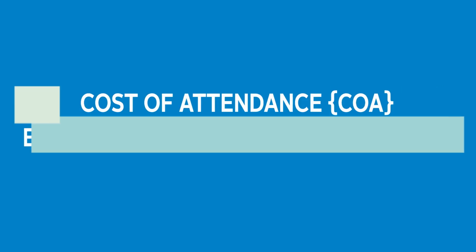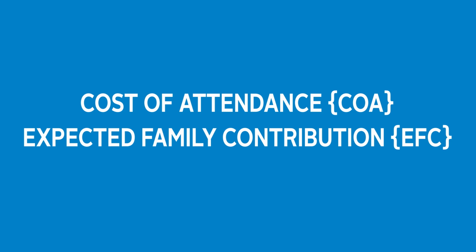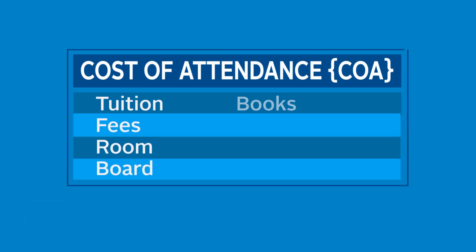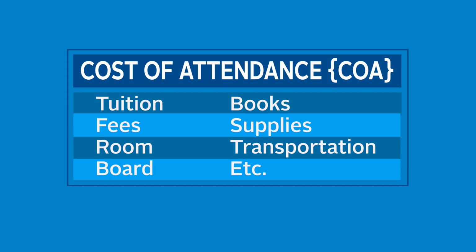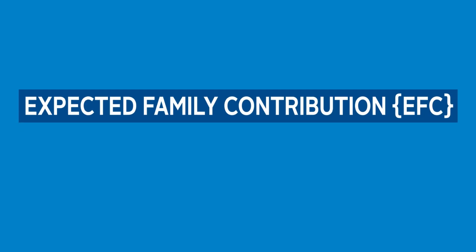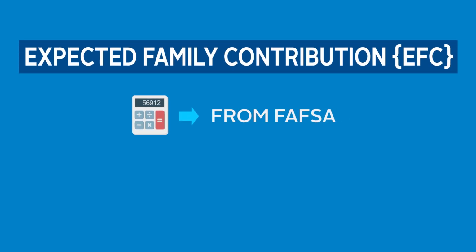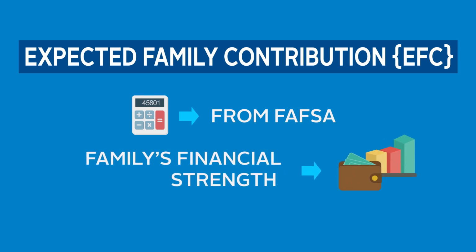Let's look at 2 key terms: cost of attendance and expected family contribution. Cost of attendance includes tuition, fees, and room and board, as well as indirect costs such as books, supplies, transportation, etc. Expected family contribution is calculated by the FAFSA. This helps schools determine how much a family should be expected to pay for college.